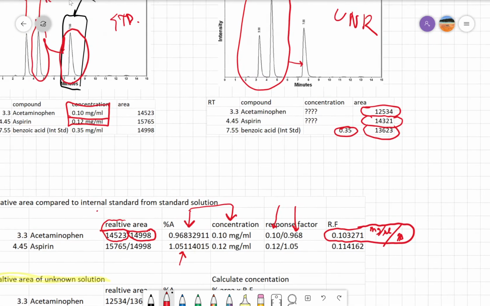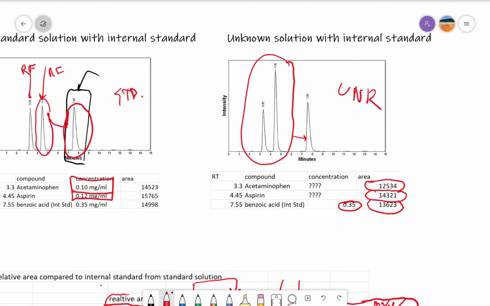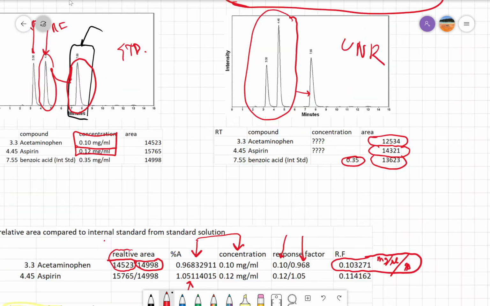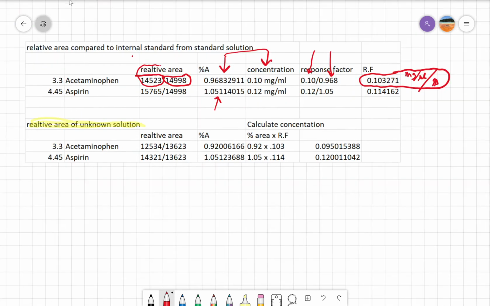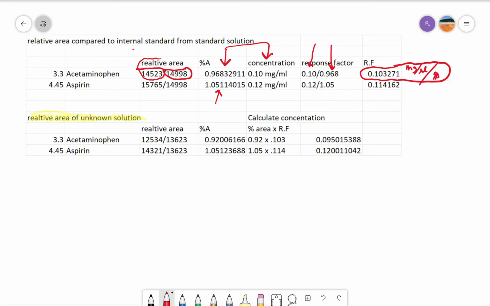So now we take the chromatogram from our unknown solution and we again find the relative area of the acetaminophen and the aspirin in the unknown. In the unknown solution, the relative area is 0.92 and the aspirin is still around 0.105.